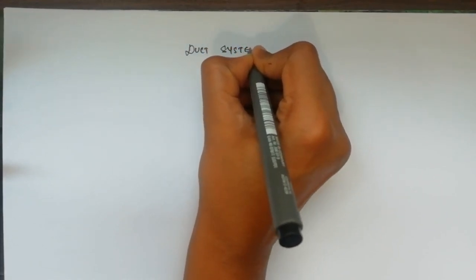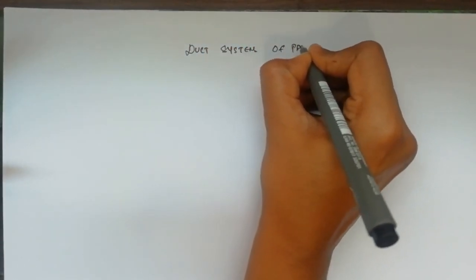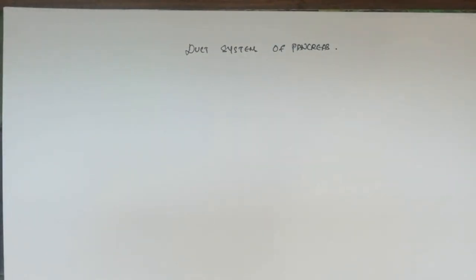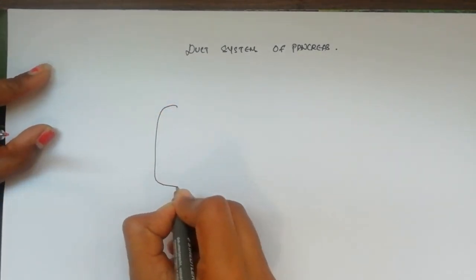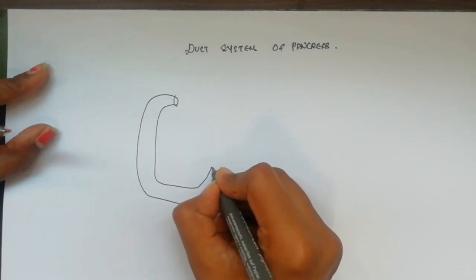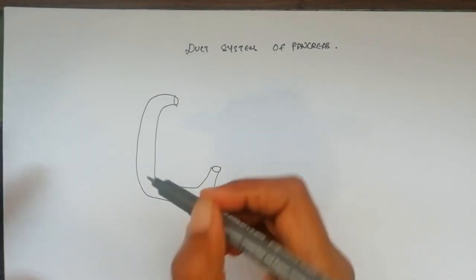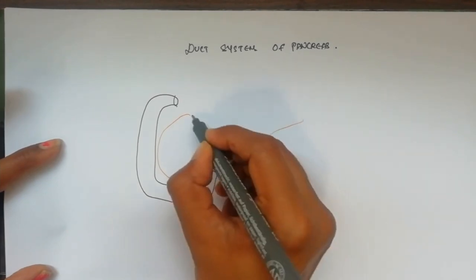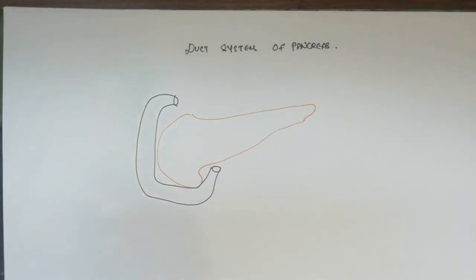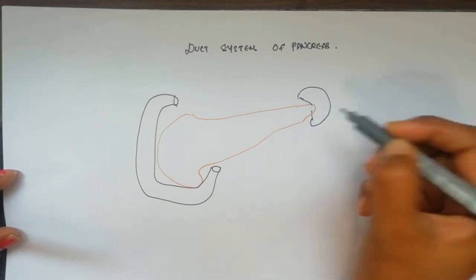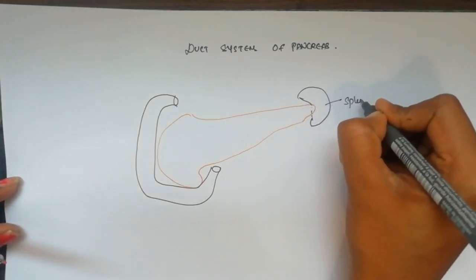So, the duct system of pancreas. Talking about the duct system of pancreas, we have again the duodenum, our pancreas with uncinate process, body and tail, which is going to extend till the spleen.